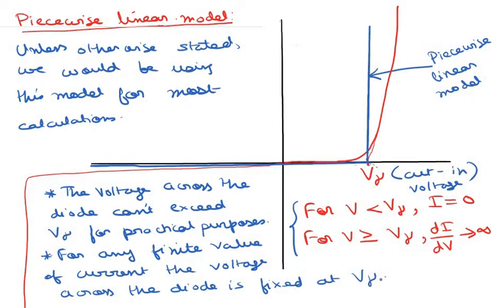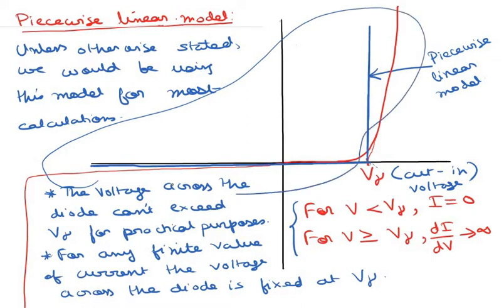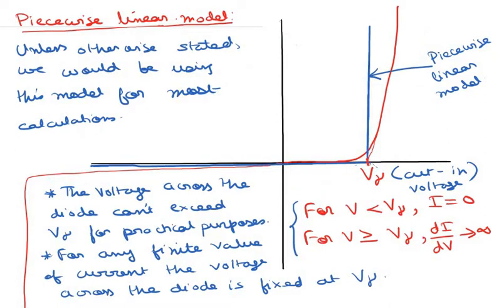And I repeat again that we would be using this model for most calculations or most problems, and also this model excludes the breakdown regime. So this model covers this much regime of the diode. The reason it is known as the piecewise linear model is because we are modeling the characteristics of the diode in two linear pieces.